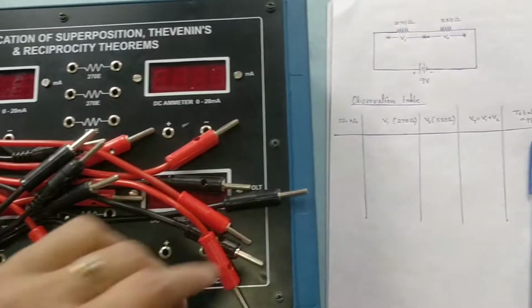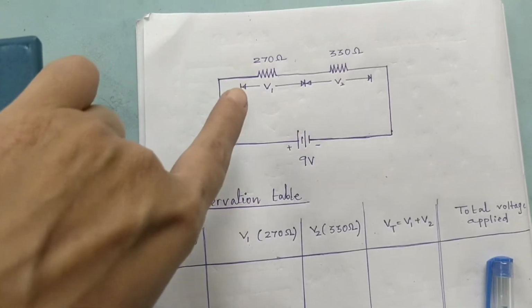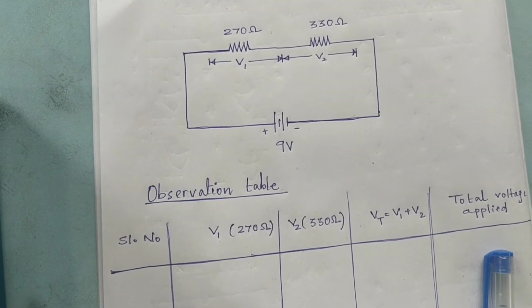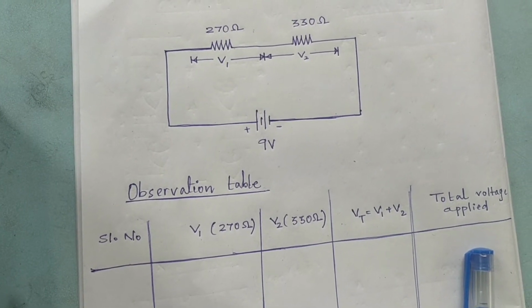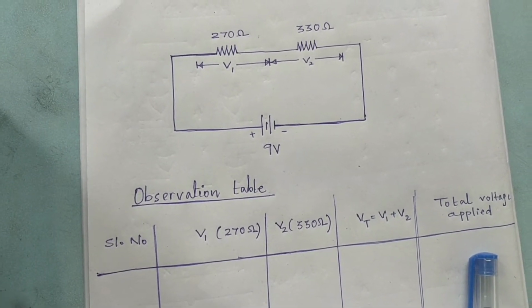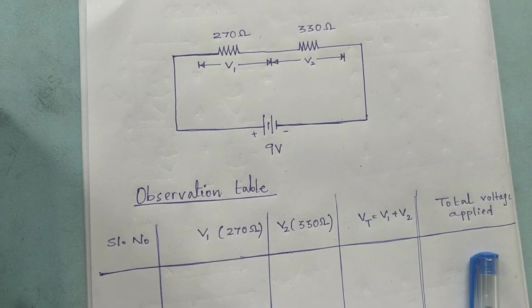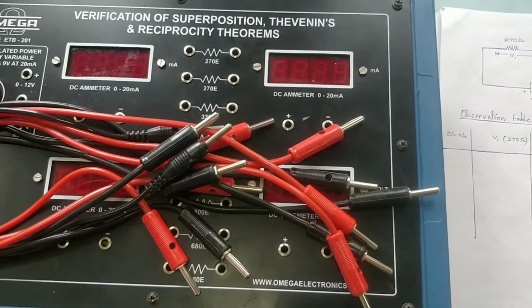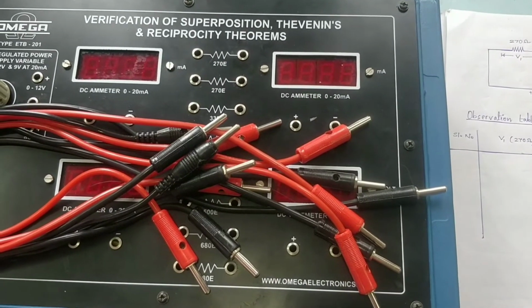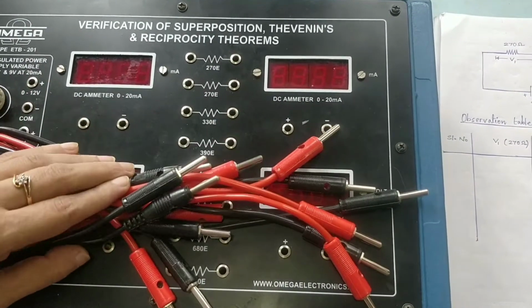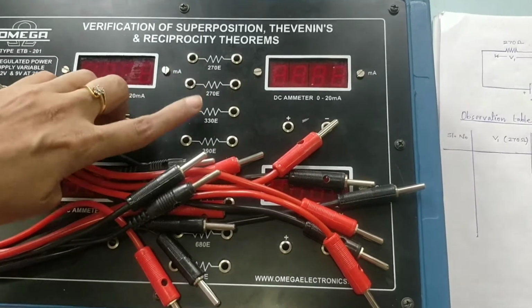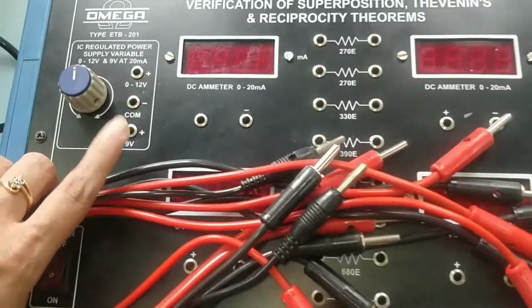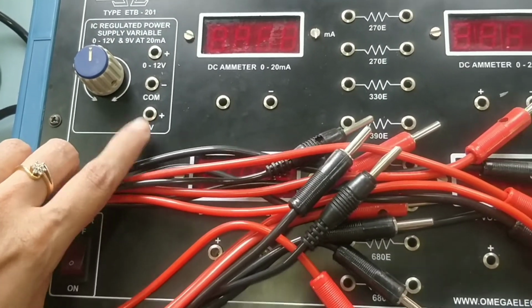Here we are taking a simple circuit which includes two resistances, one is 270 ohm and another is 330 ohm, which are connected in series with a 9 volt voltage supply. For this verification of KVL we need some components: one 270 ohm resistance, one 330 ohm resistance, and the constant 9 volt supply.